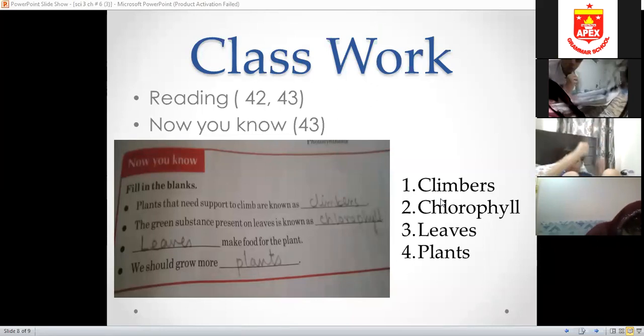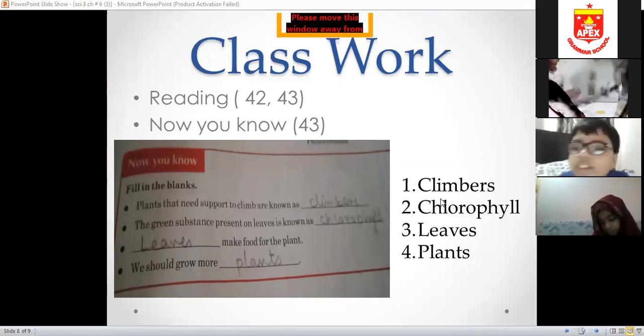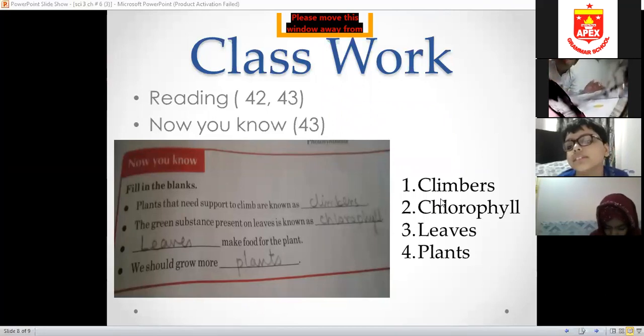The third one, dash makes food for the plants. These are the leaves. The last one, we should grow more dash more plants.